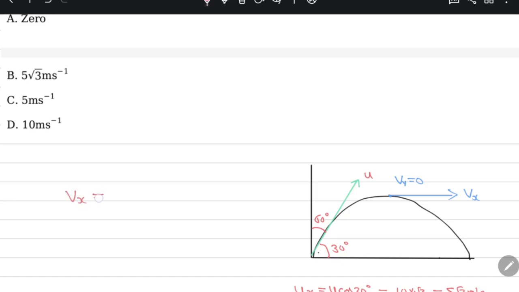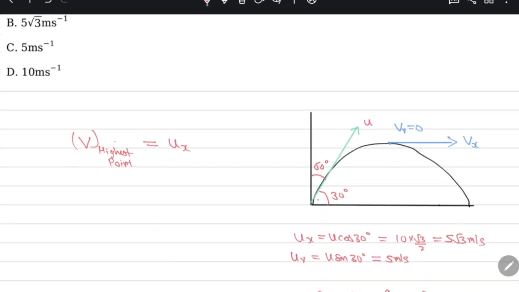So the velocity at the highest point is equal to the velocity in x direction, that is ux. So that comes out to be 5 root 3 meter per second.